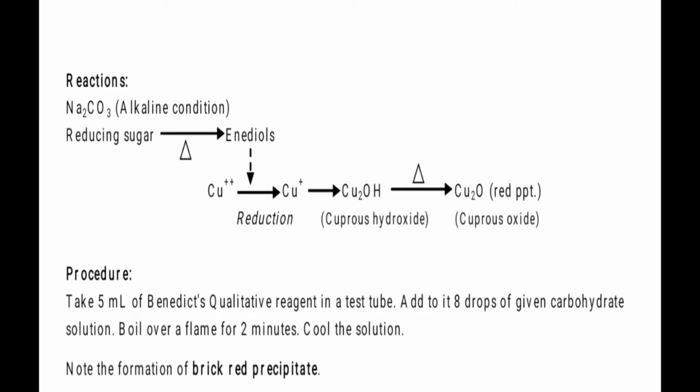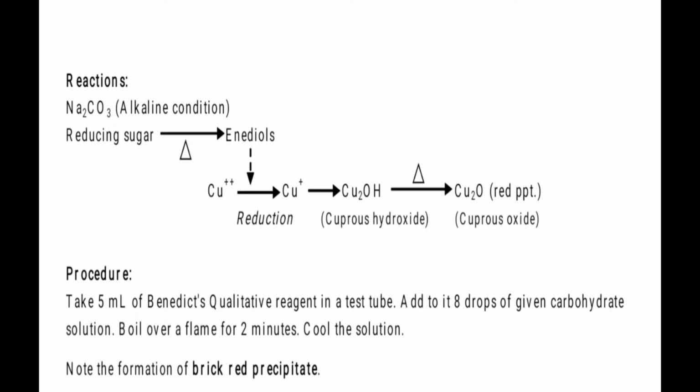Heat over a flame for 2 minutes, then cool and observe for changes of the color. As I told you, Benedict's reagent is blue in color. After boiling, the color changes to green, yellowish, orange, and finally brick red, which means 1 plus to 4 plus.